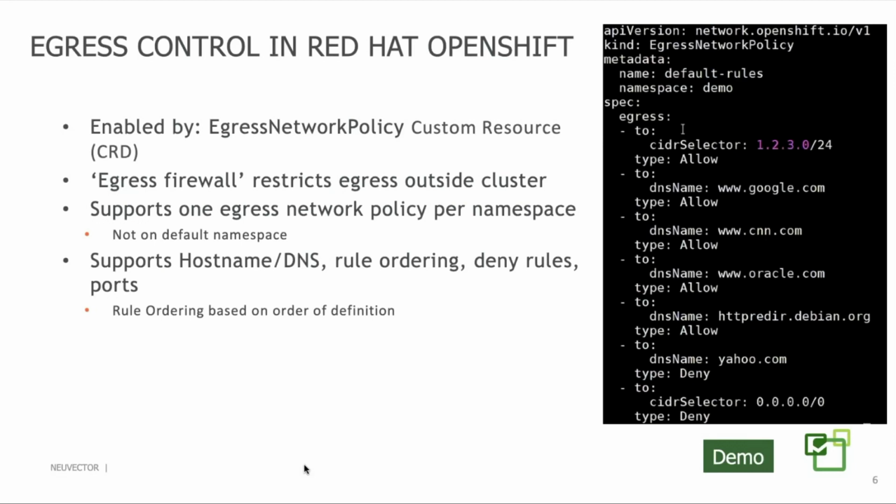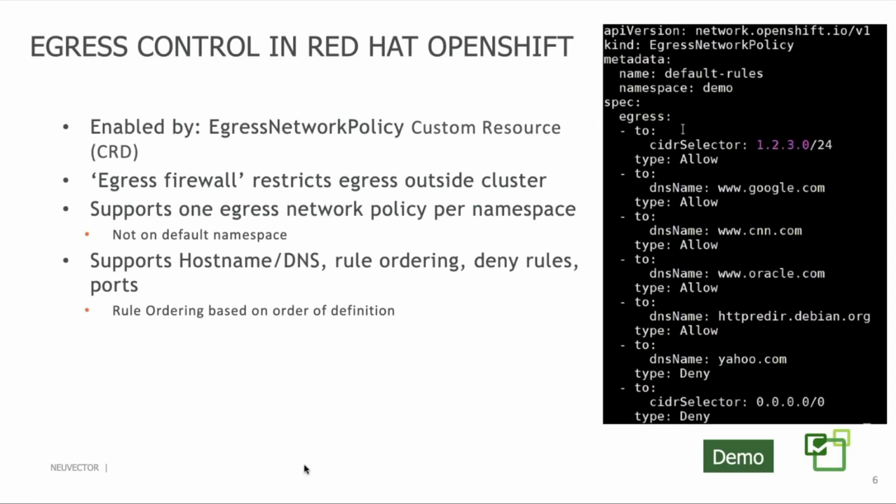The way that it's done in OpenShift is there is a custom resource definition, or CRD, that's enabled by default on OpenShift, and it's called the EgressNetworkPolicy custom resource. So the EgressNetworkPolicy is able to deploy what they call an egress firewall, and this does have the concept of egress outside of the OpenShift cluster.